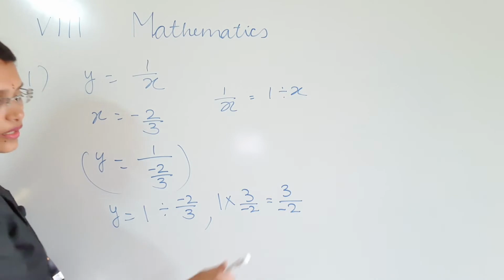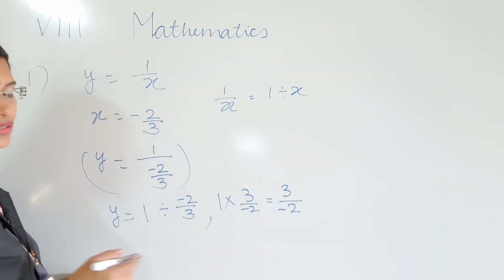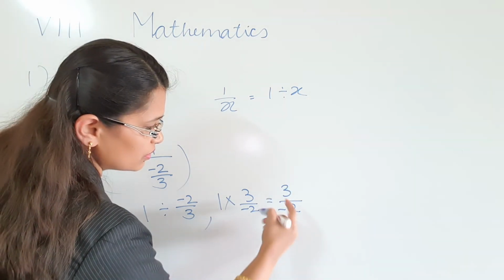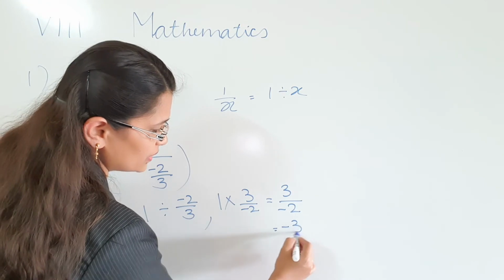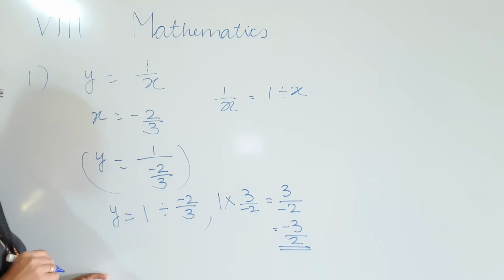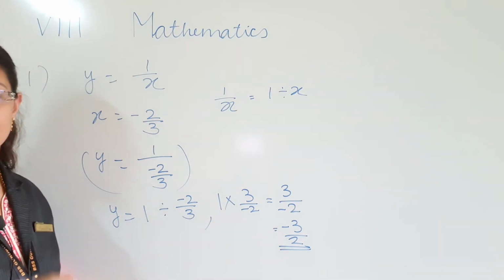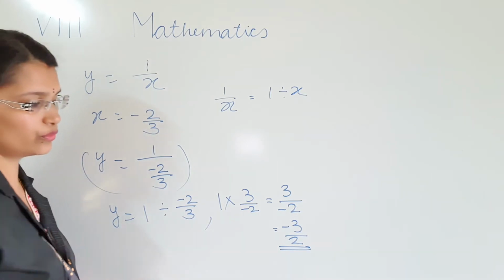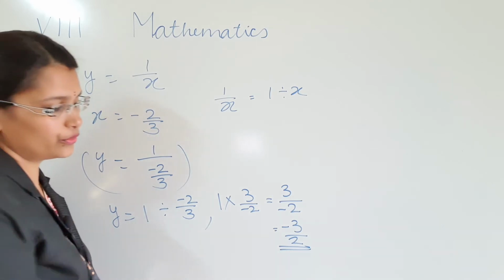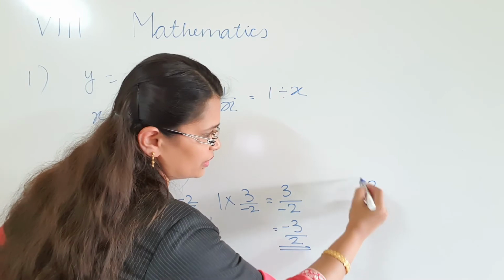But we cannot write minus in the denominator. So, we take this negative here, that is minus 3 by 2. This is the answer. Whenever you get an improper fraction, it is desirable to convert it into a mixed number, right? But to avoid confusion, I am not doing that. If you want to write, you can write 3 divided by 2.